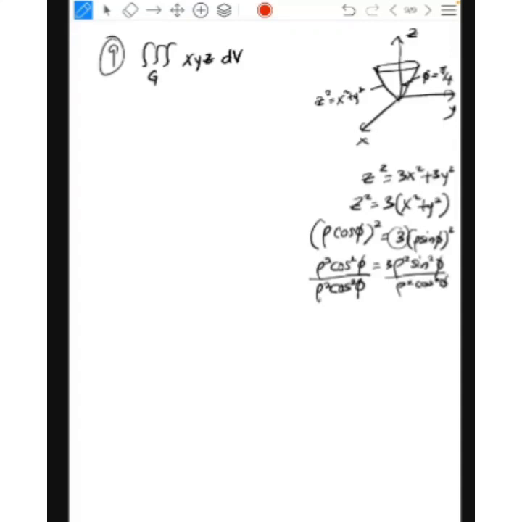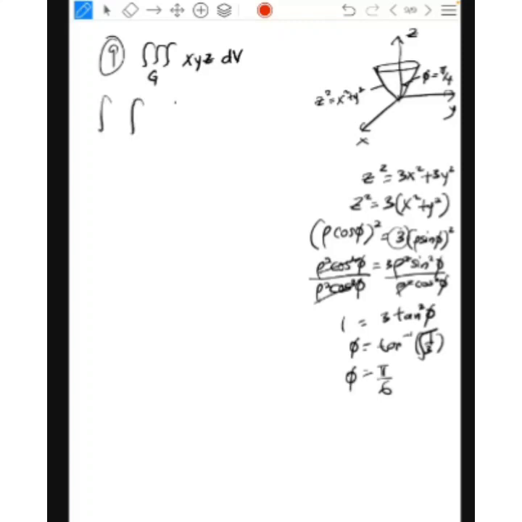Why do we divide by rho squared cos squared phi? Because sin over cos will be tangent. So this one will be 1, this one will be sin over cos, so you have 3 tangent squared phi. So tangent phi will be the square root of 1 over 3. Okay, right? So we get pi over 6. So for your phi now, it is equal to pi over 6, no longer pi over 4.